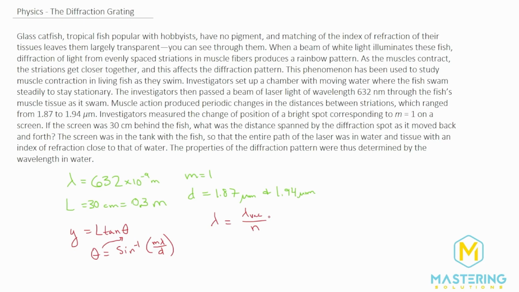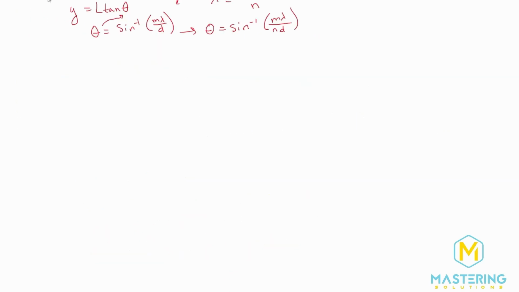In the book, we assume vacuum and air are the same, so we always just use lambda over 1. In this case it's different: it's 1.33 for the water. So we plug this in, and what we're left with is theta equals the inverse sine of m lambda over nd. Now we can plug this in for theta. That's what they wanted you to be able to get by yourself, which I think is too hard.